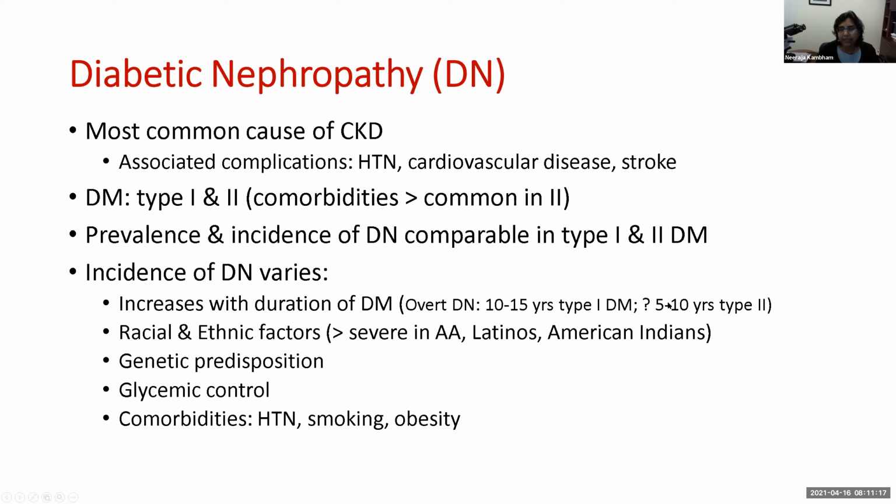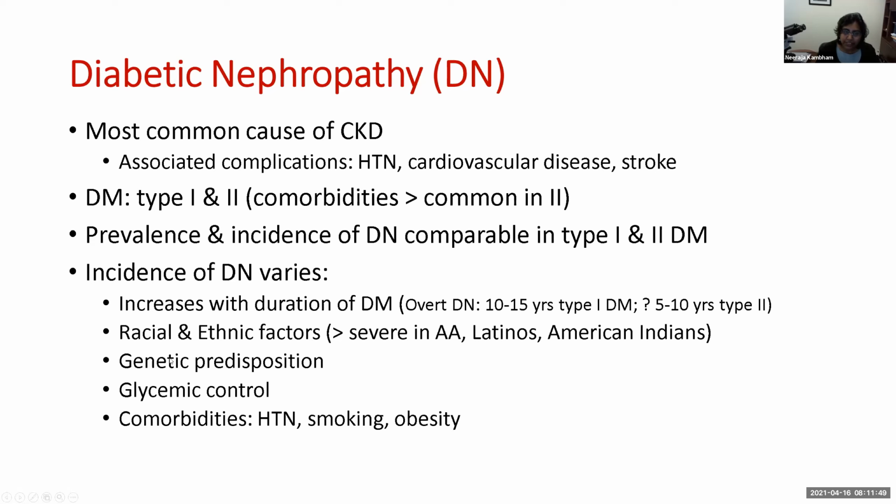And the reason for the difference is that in type 1, we have a known starting point when the patient developed diabetes, whereas in type 2, it is a very insidious process, and the patient may have undiagnosed subclinical diabetes mellitus for many years. So we don't know the exact starting point for type 2 diabetes. But if you were to take type 1, it takes about 10 to 15 years of having diabetes to develop diabetic nephropathy.